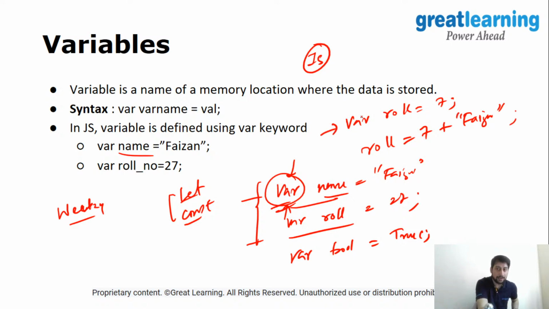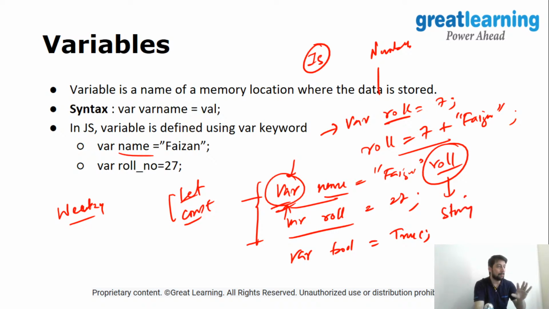No. Earlier the type of roll number was a number, because we were storing a number. Now after this step, when you check the type of roll number, it will give you string. So its type got converted from a number into a string. This is known as a weakly typed language, when you can change one type into another.